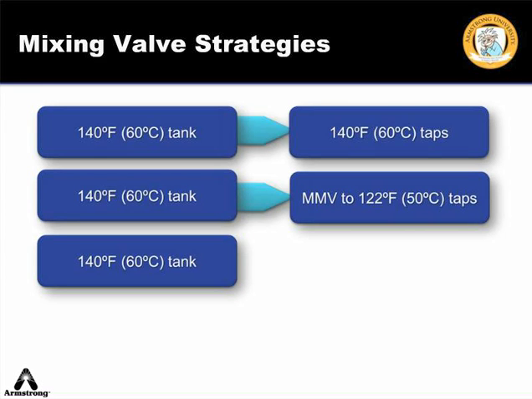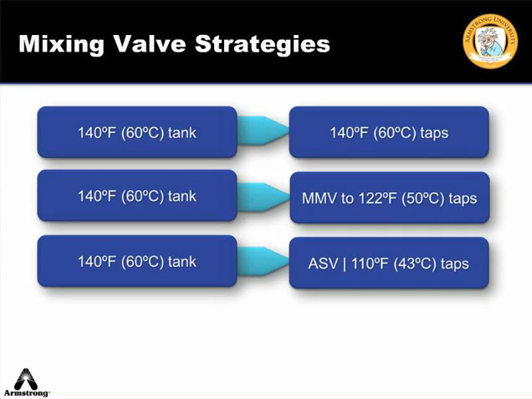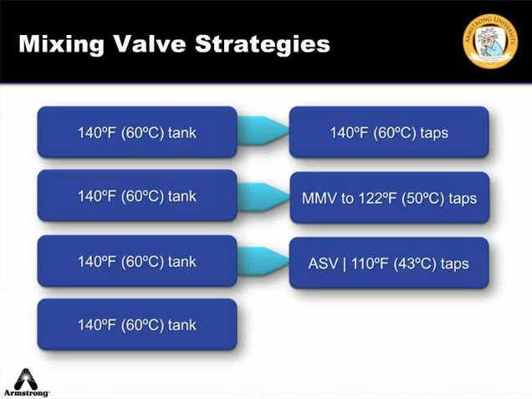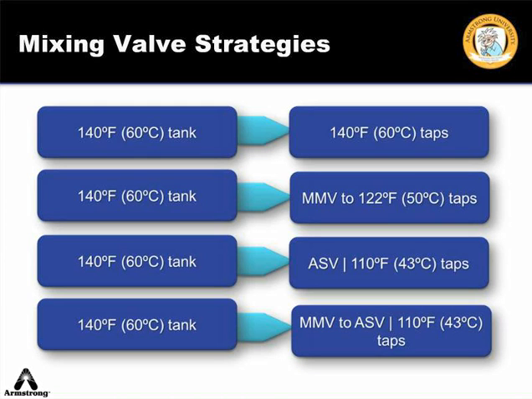A 140° Fahrenheit tank to an anti-scald shower or faucet valve, ASV, at 110° Fahrenheit taps. A 140° Fahrenheit tank to a MMV to ASV at 110° Fahrenheit taps. Additional guidelines can be found in the OSHA Technical Manual, Section 3, Chapter 7, from the Links menu.